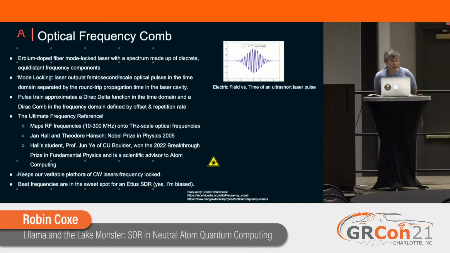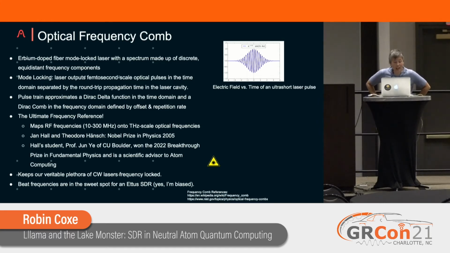The other thing we're using software-defined radio for is we have this device called an optical frequency comb in our system, and it's an erbium-doped fiber mode-locked laser with a spectrum that's made of discrete equidistant frequency components. Essentially, that is the ultimate frequency reference.